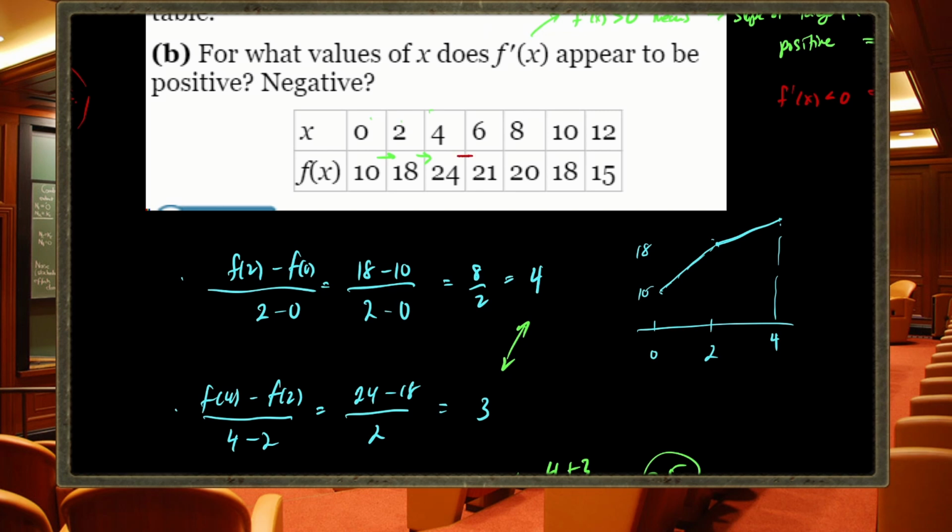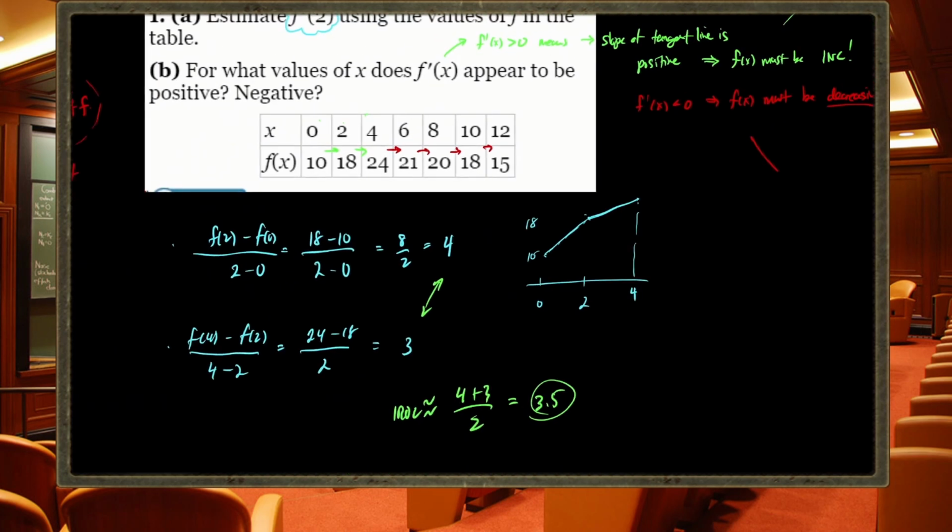Looks like it decreased here and decreased here, decreased here and decreased here. So we can say then that f prime appears to be positive for x equals 0, 2, and maybe 4.